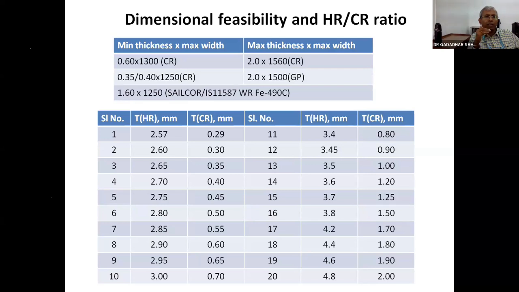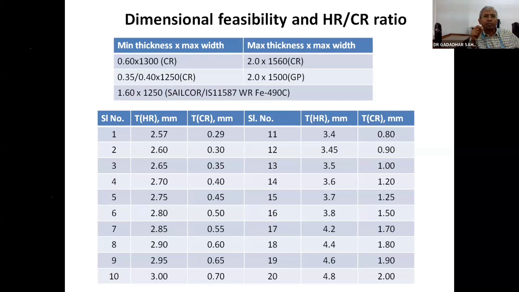But for thickness 0.35 or 0.4, 1300 width has not been produced so far because there is some limitation on load factor. I think in future it may be explored for feasibility. So far, this is the feasibility we have.